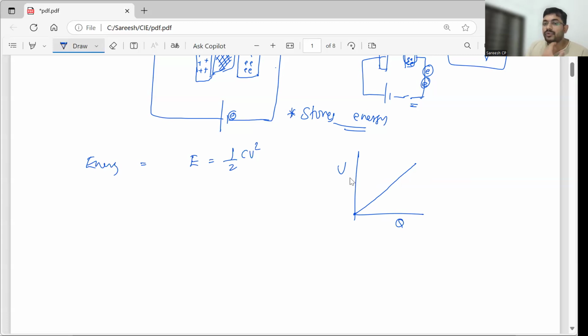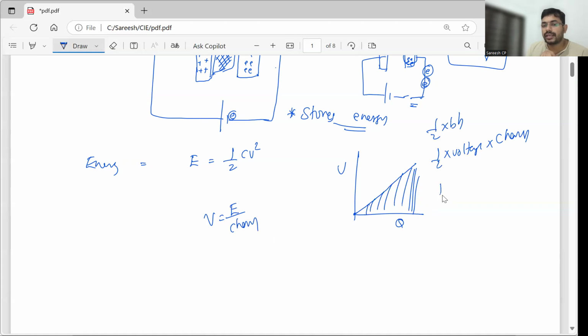Since the voltage is not the same, we take an average. That's how it becomes the half. In the case of a graph, if you find the area under the graph, the area is equal to half into base times height. It's basically half into voltage times charge. But voltage is equal to energy over charge.